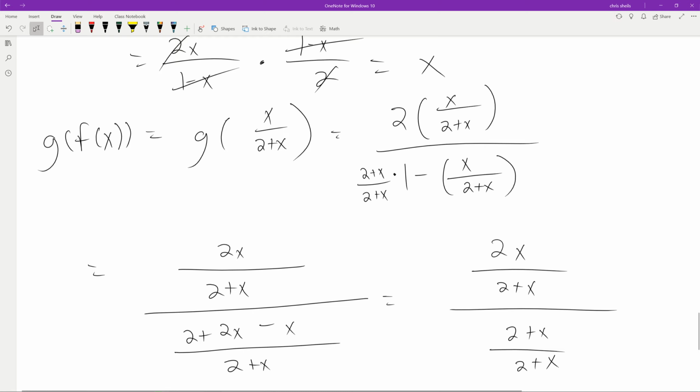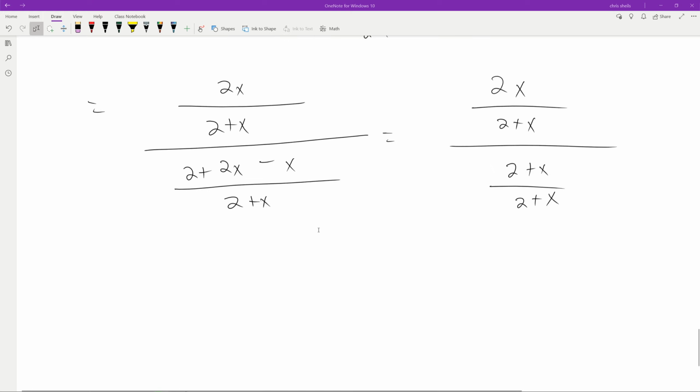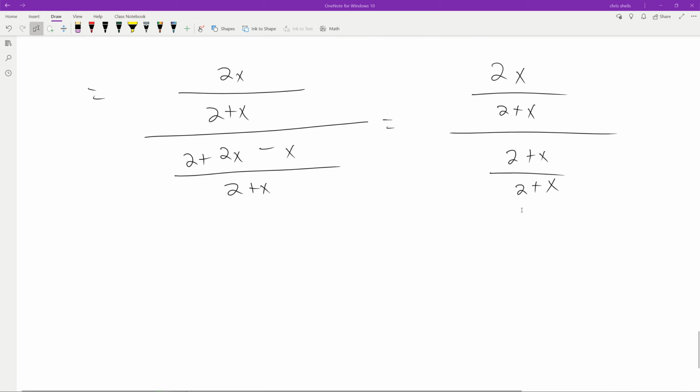Is this correct so far? Let me just make sure I didn't make any mistakes. This would be 1.